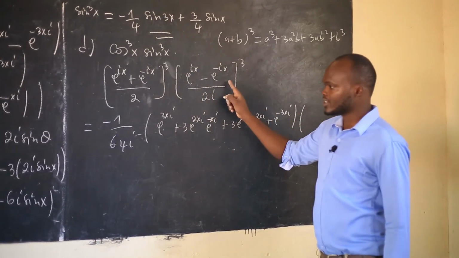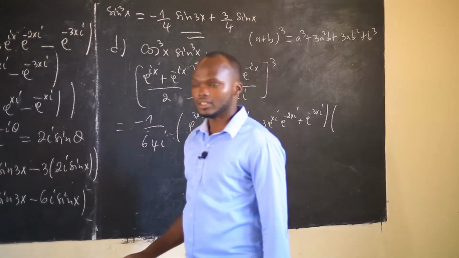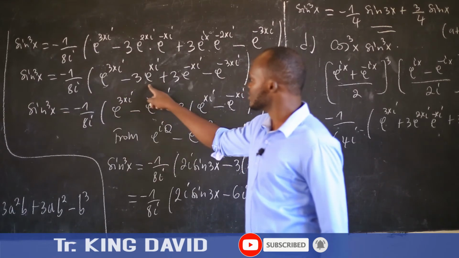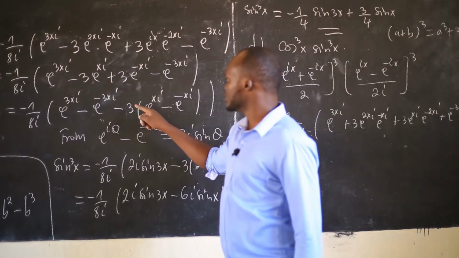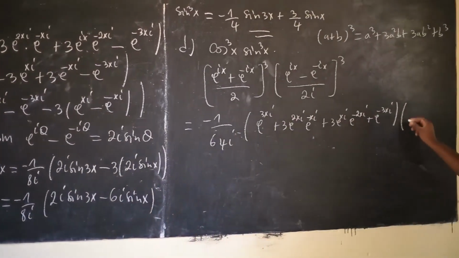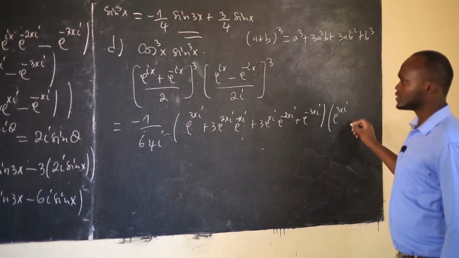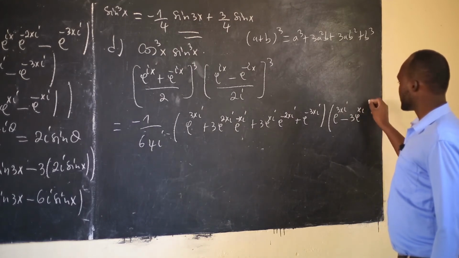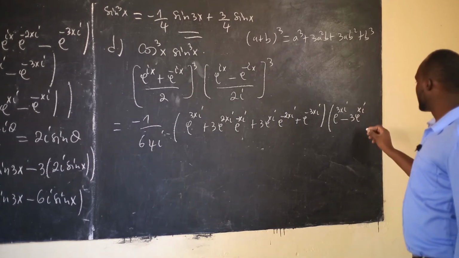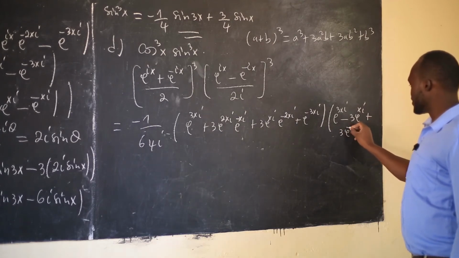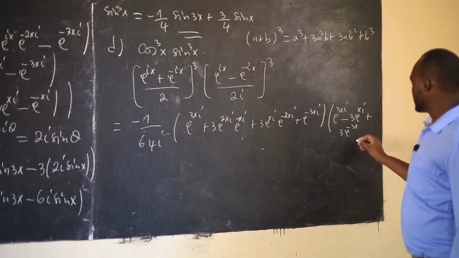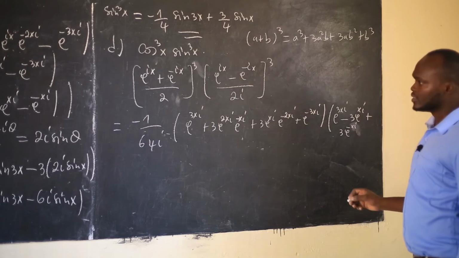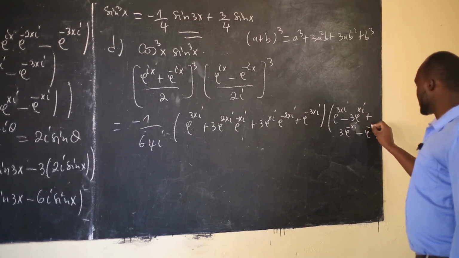So for this one, we have done it here, it is this one of sin^3. We have it, which is e^(3xi) minus 3e^(xi) plus 3e^(-xi) minus e^(-3xi).